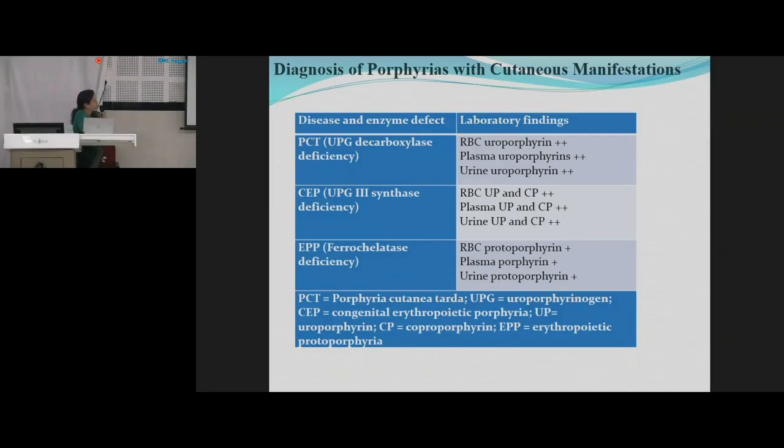Whereas in case of erythropoietic protoporphyria, RBC protoporphyrin will be positive, plasma porphyrin and urine porphyrin. So we can do the test for urine and blood and see which precursors are increased in urine and plasma, and that's how we can diagnose the various porphyrias.